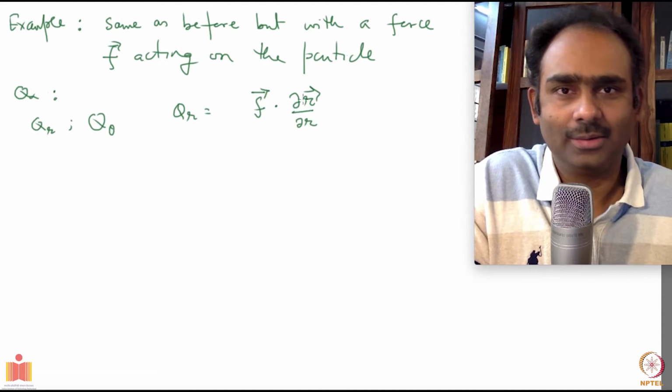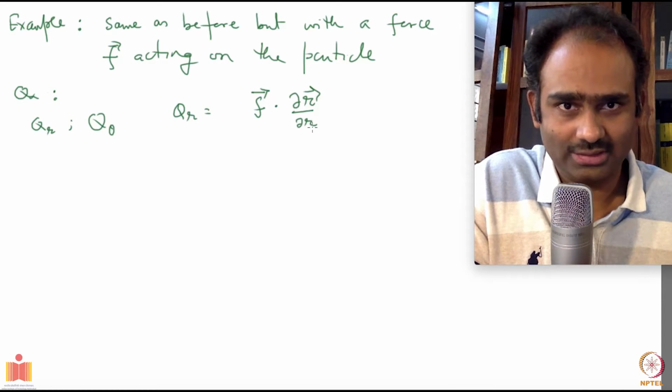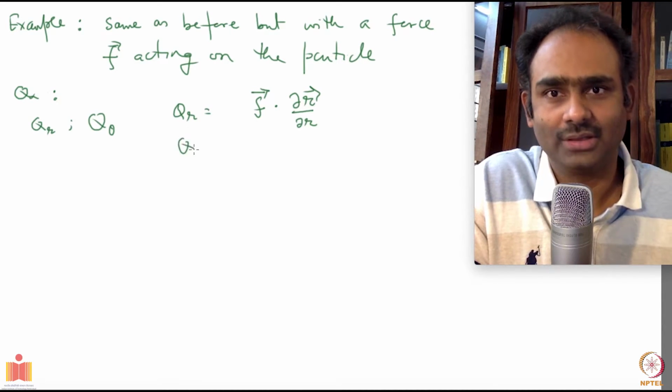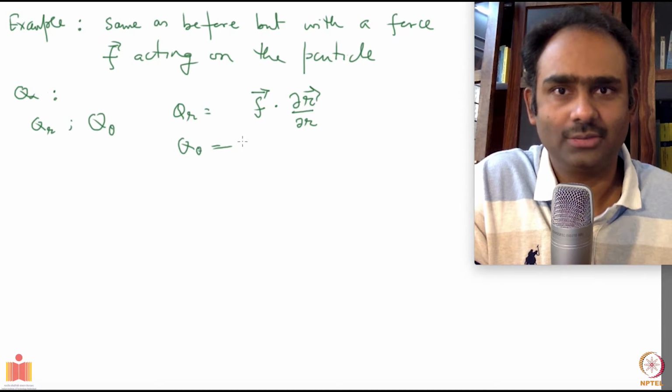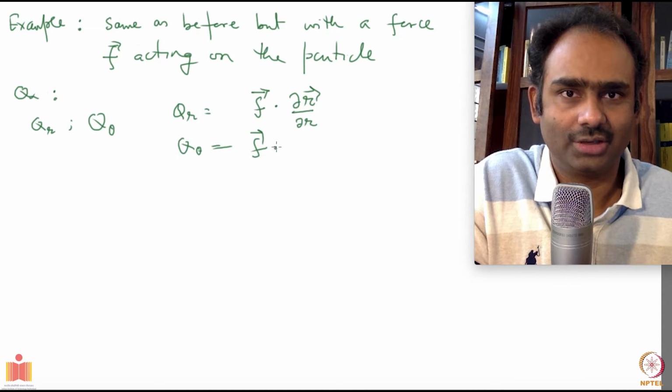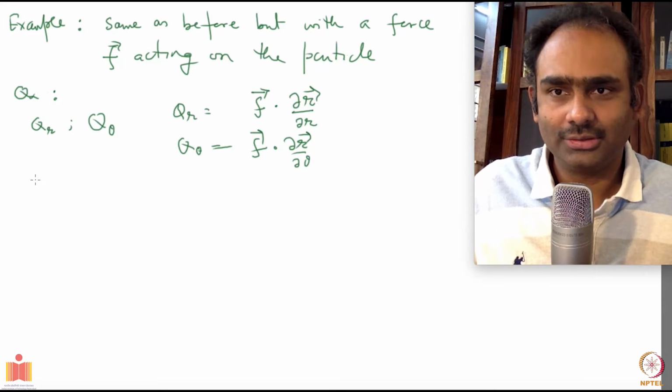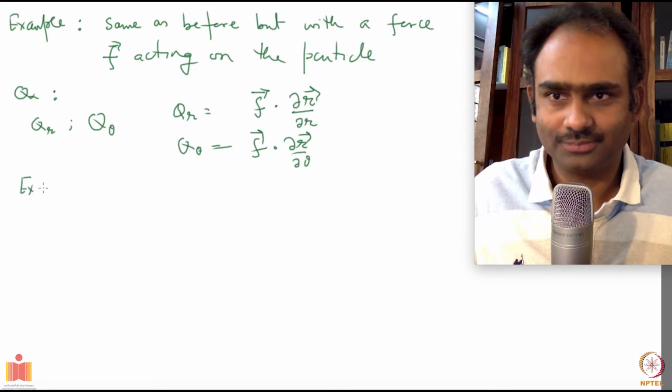Okay, remember del R over del Q, so that Q is r here. There is no summation involved because only one particle. And similarly, your Q theta will be F dot del R over del theta. Okay, so you do these two simple exercises now.